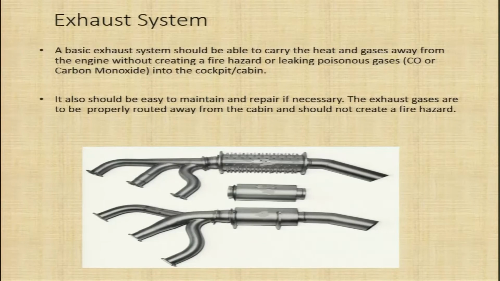A basic exhaust system should be able to carry the heat and gases away from the engine without creating a fire hazard or leaking poisonous gases into the cockpit or the cabin.